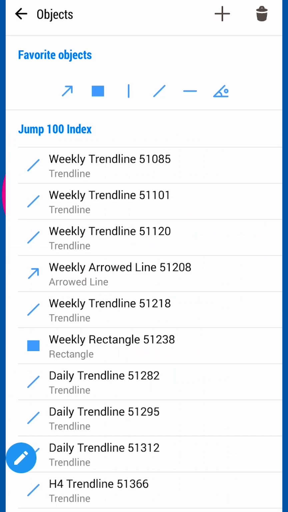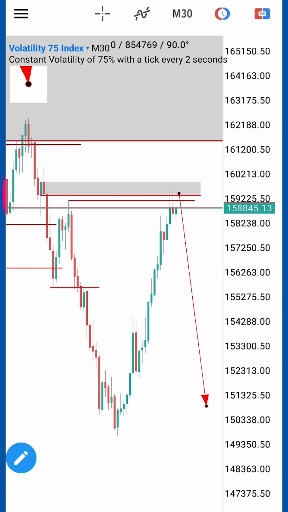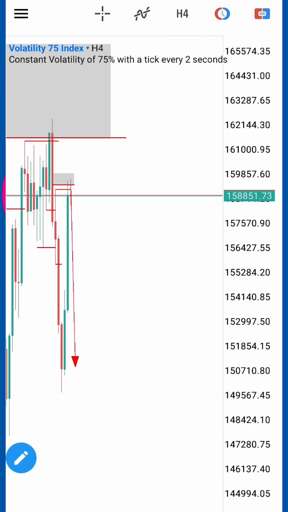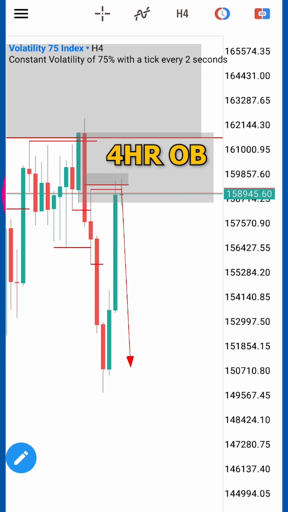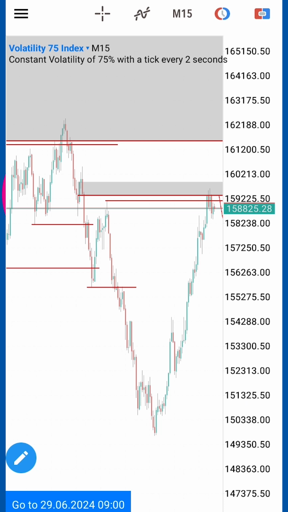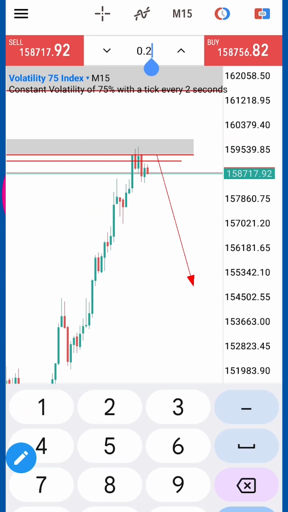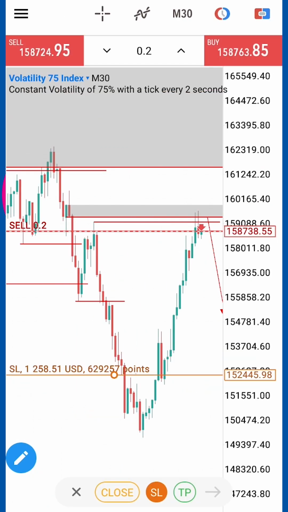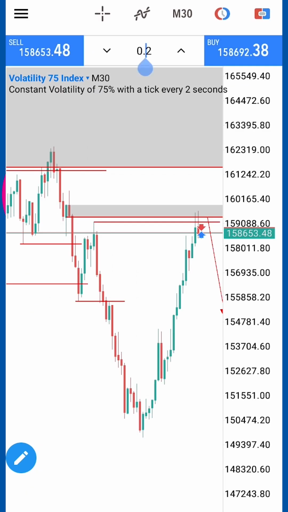So this wipe and the fact that it hit the 30-minute order block will force price to move down. That's the only thing that was left, just for it to wipe. And you can tell that it hit the 4 hour order block as well. That little wipe above that high cut out the early sellers who place their stop loss above that high, and then it hit the 30-minute order block, and then it drops.